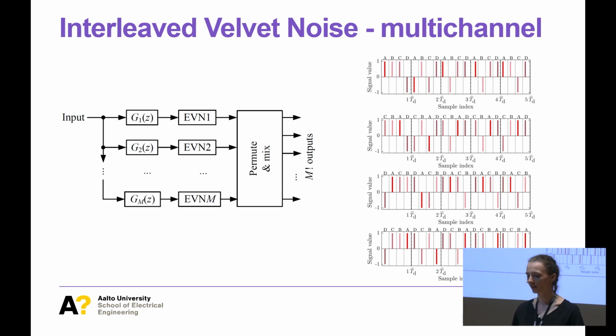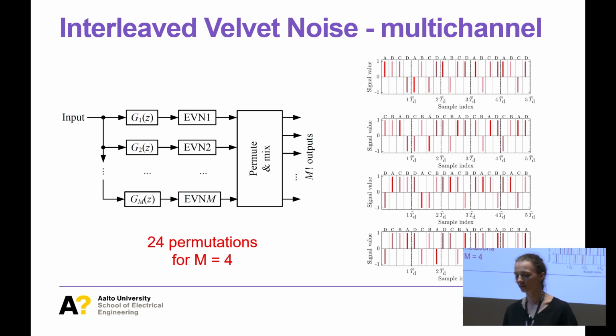So then we can have a multi-channel case of our interleaved velvet noise reverberator. In case of M sequences that we use, we can have factorial of M outputs. For example, we usually use 4 sequences in our structure, so we have in the end 24 permutations. And you can see some examples here on the right. So ABCD, CBAD, and so on and so forth.